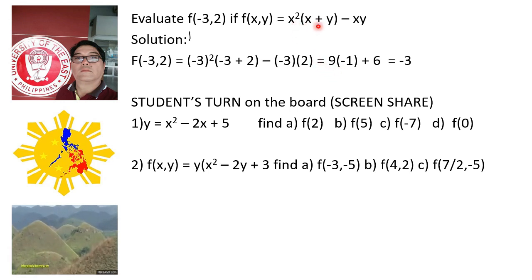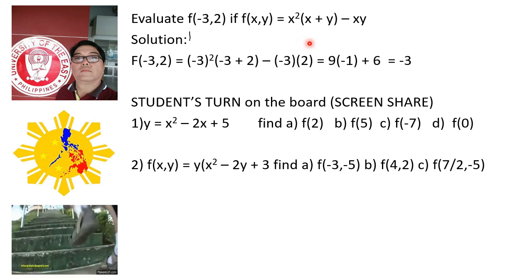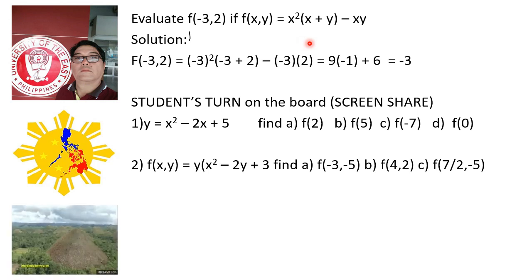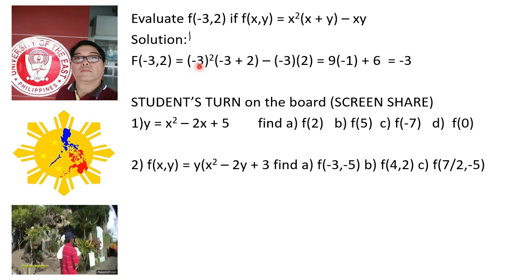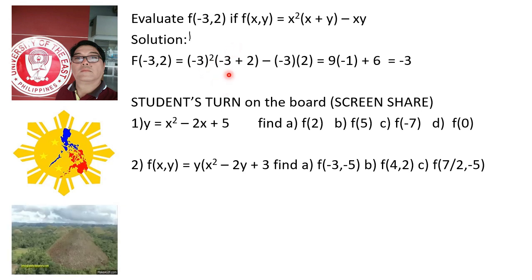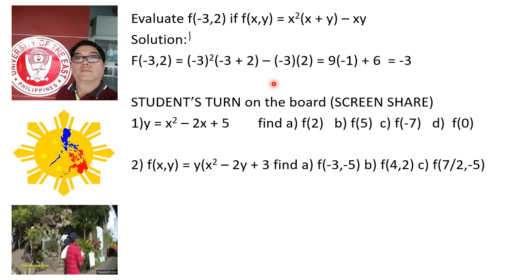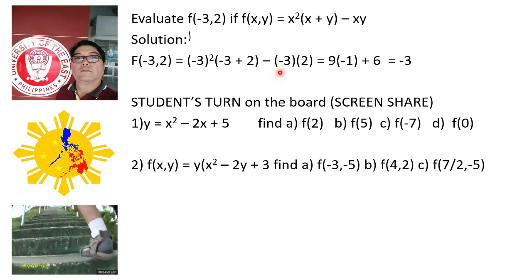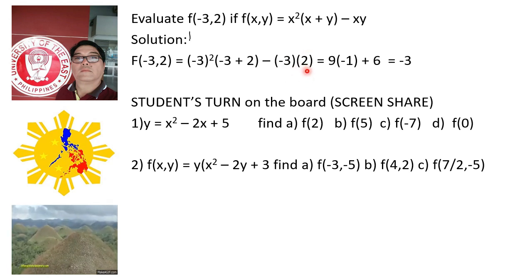So, ang function po ay ito, x squared times the quantity x plus y, close quantity, minus xy, ano? So, ito na po. F of negative 3, comma 2 is equal to negative 3 quantity squared times the open quantity negative 3 plus 2 close quantity minus open quantity negative 3 close quantity times 2.